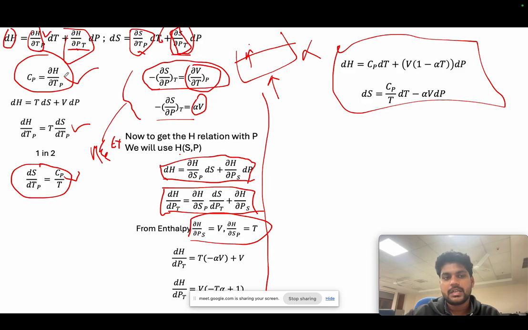Basically I have taken the internal energy and the differential equation, and from here I got this. Then I used the Maxwell equation and expansion equation, and I got these two. Then I used enthalpy as a function of entropy and pressure, and then I got these parameters. So you know what the expansion is.